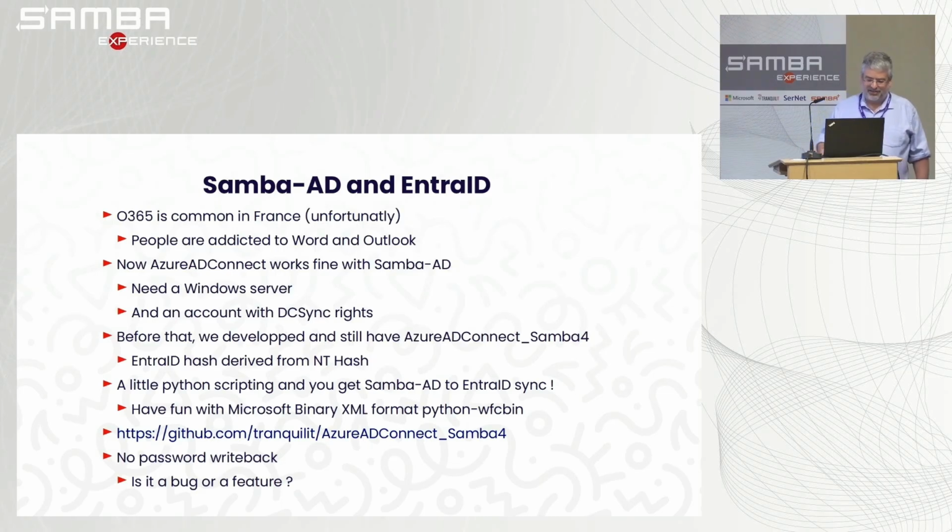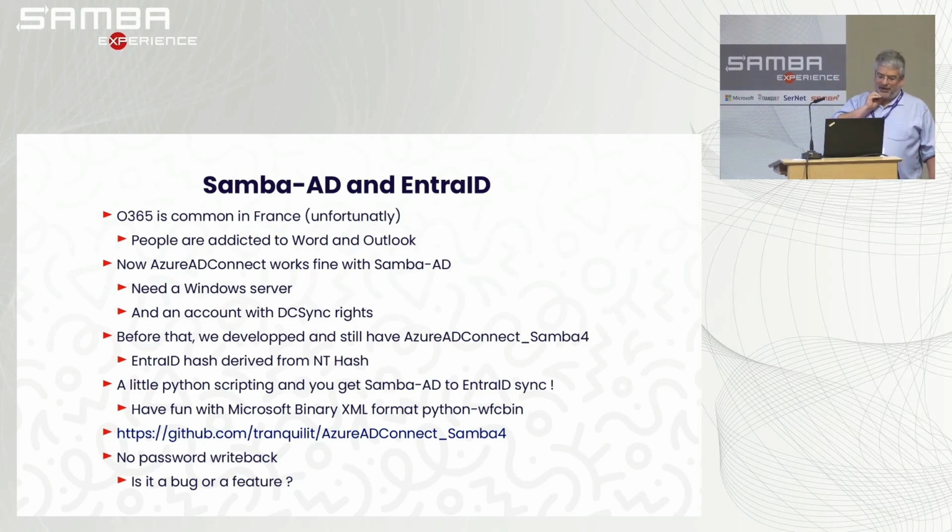Entra ID hashes are derived from the NT hash with PBKDF2. You just have to get that, put in the right number of rounds, and then you can sync it to Entra ID. And it works. It was not very hard to get the data.